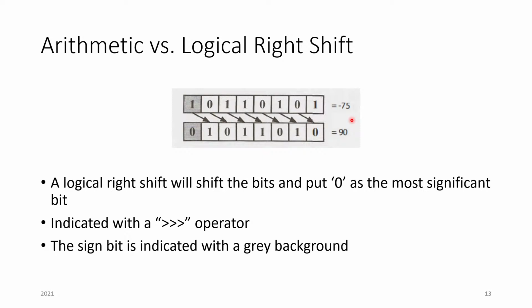Logical right shift and arithmetic right shifts are different. Logical right shifts just shift the bits and do not take into consideration what the sign bit is. Arithmetic right shift will take into consideration what the sign bit is and return the right value for you.